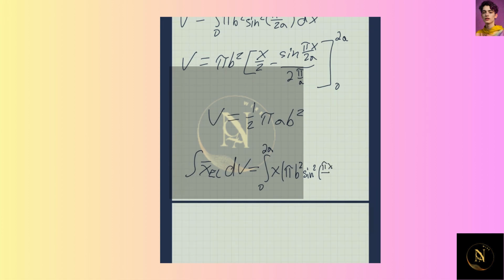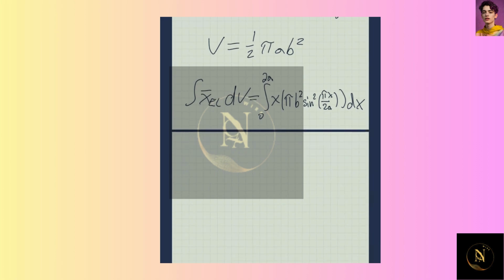We already found dv, so we can just plug that in. And to solve this, we'll have to use integration by parts.